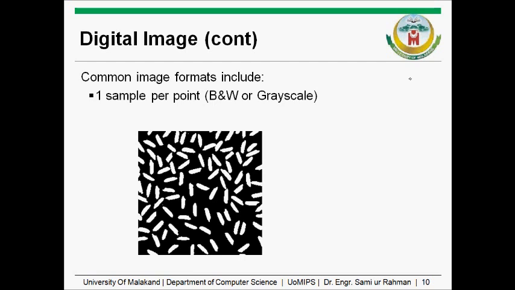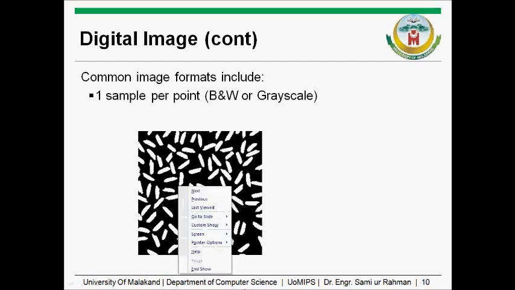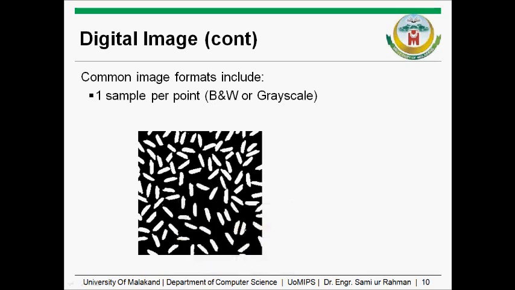Here you have either a black pixel or a white pixel. If you have this nature of image, that is called black and white.